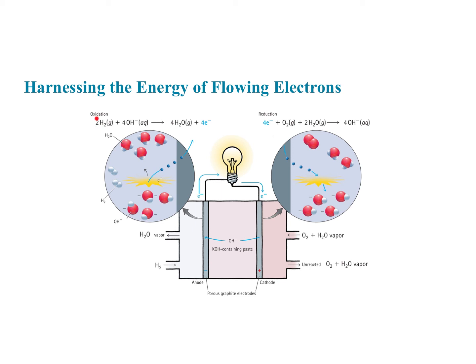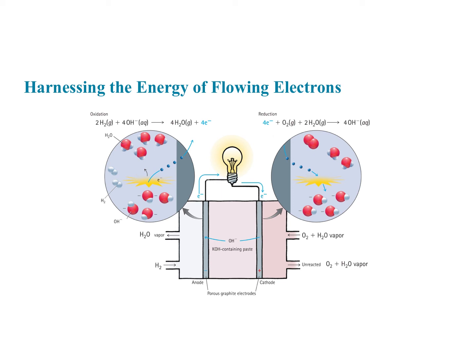So here we have an oxidation reaction that creates the electrons. The electrons flow down the wire. They power the light bulb or the cell phone or the clock or the car or whatever it is. They come out over here and they meet up with the oxygen and they get reduced. And so this is, again, a way that these oxidation and reduction reactions can create electrical currents.